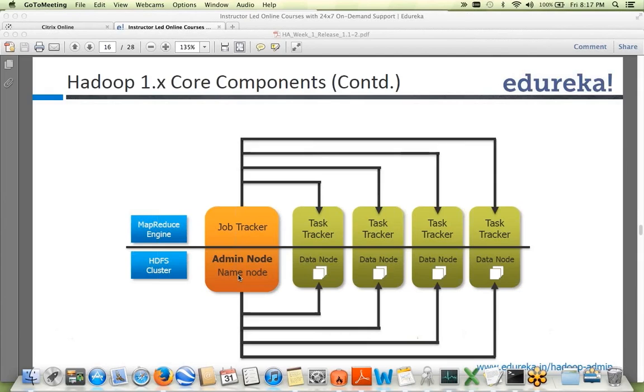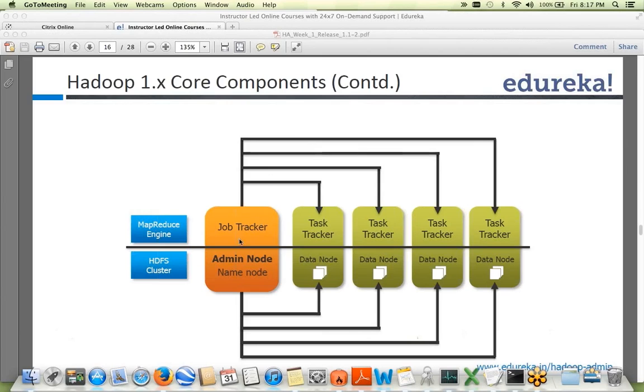Since they are going to track all the task trackers, if you submit big jobs, you might have like 20,000 mappers in a job. So job tracker has to take care of all 20,000 mappers in that job. Plus you might have 20 people running such big jobs at the same time. So that's why name node and job tracker are very memory intensive processes. Yes, they use a lot of memory.